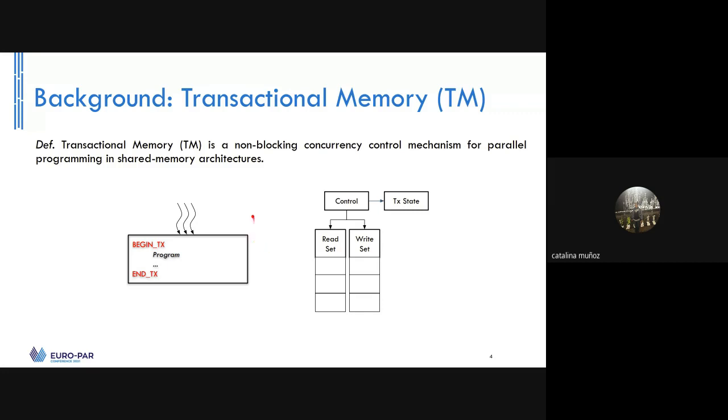So there are mainly two types of TM implementations. We have the hardware implementation, which is embedded in the architecture, and we have the software implementation, which is basically a software runtime, and they both have their drawbacks. For instance, the hardware TM implementation is very fast, but it shows a local storage limitation, because it is limited to a cache level, the first or second cache level, it depends.